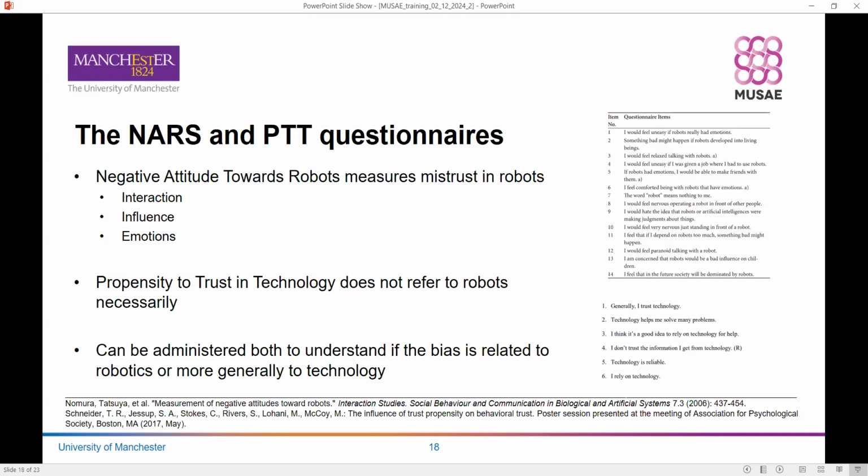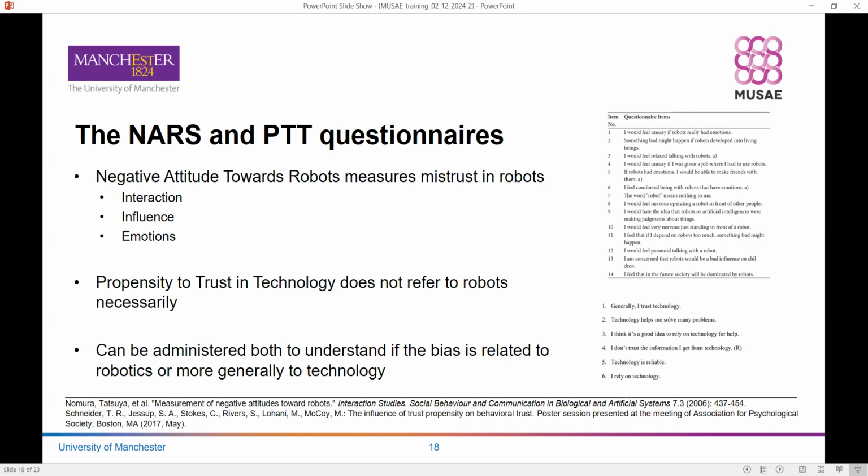Again, this can mostly be done through other questionnaires that are meant specifically to assess bias regarding certain aspects. I'm showing you two of them. One of these is the negative attitude towards robots, which measures mistrust in robots regarding interaction with them, social influence of them towards the user, and the emotions that the user feels towards robots while interacting with them.